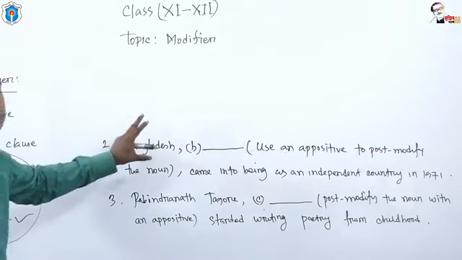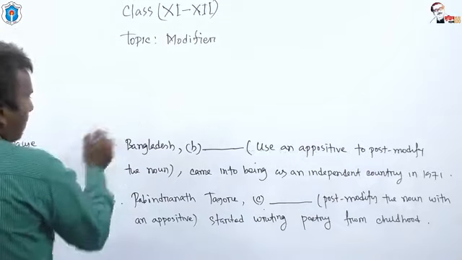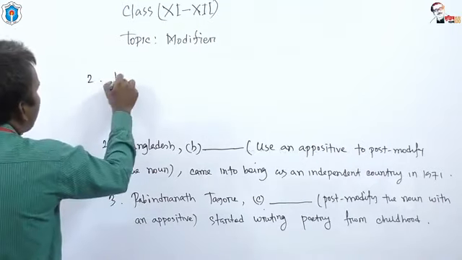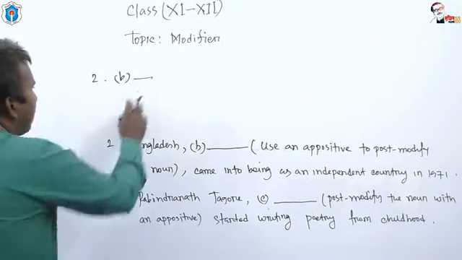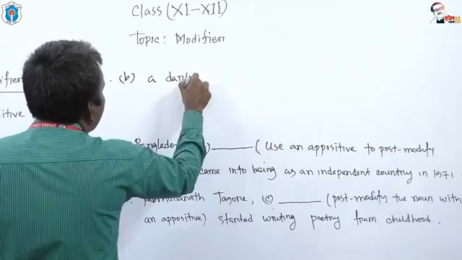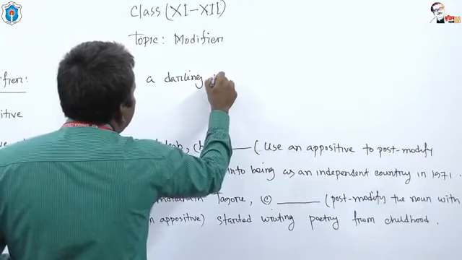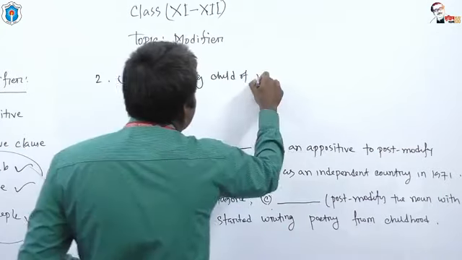I am going to write some of the answers. Okay. For question number 2, for B. This is question number B of question number 2. Can I write a darling child of nature?